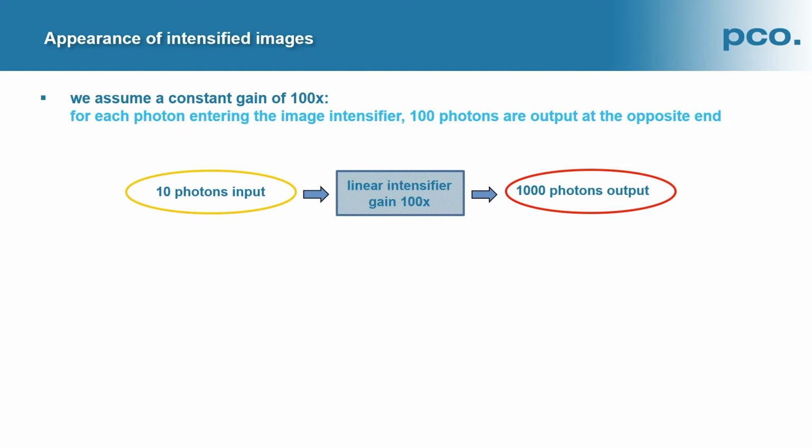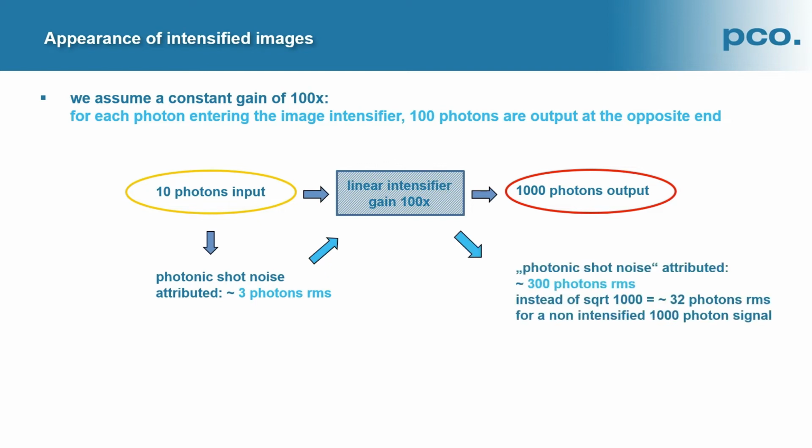Now we have to have a look at the photonic shot noise behavior we have explained before. The 10 photons input signal is attributed with a photonic shot noise of roughly 3 photons root mean square. These 3 photons are also linearly amplified by a factor of 100.